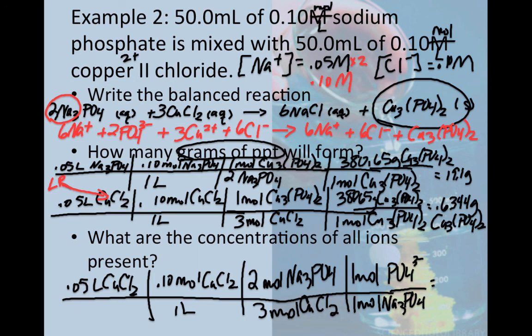So I had 0.00333333 moles of phosphate ions. Now I have to do the molarity. So for molarity, we do moles per liter. So 0.003 divided by 0.100 liters. And that gives me a 0.033 molar solution of phosphate ions.